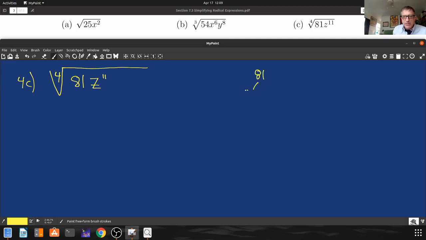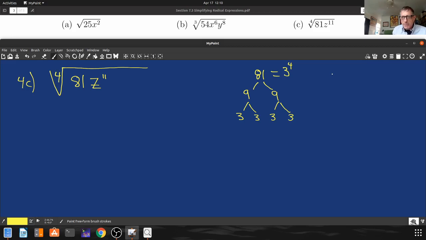Well, 81 is clearly divisible by 9 and 9. And each 9 is divisible by 3 and 3. And 3 and 3 are prime. So 81 is equal to 3 to the 4th power. How nice, right? Because that's the power I'm looking for because it's determined by my index.